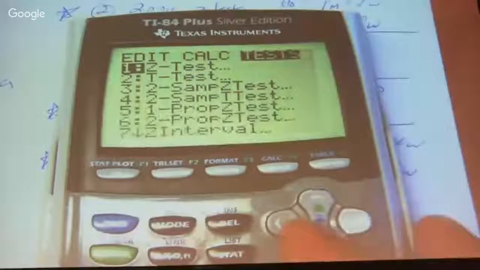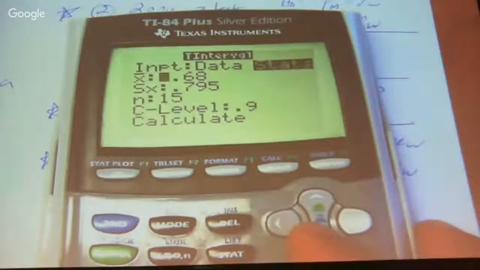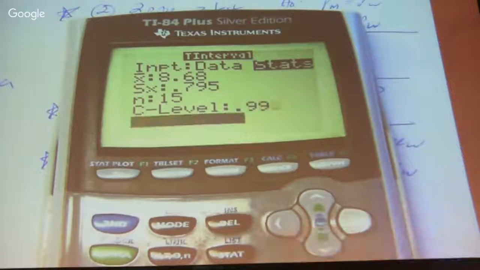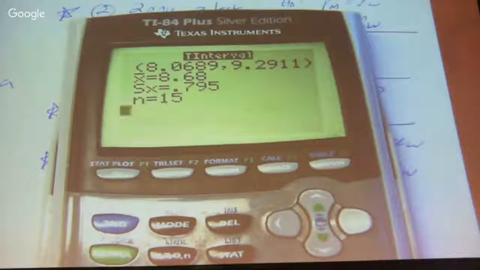We're looking for t interval. T interval is number 8. How confident? 99. And again, it's going to be close, maybe a little off, but it's going to be close to what we get. So again, the sentence is, we are 99% confident the average weight of newborns is between 8.07 and 9.29.